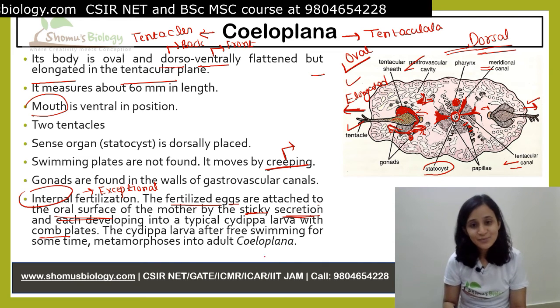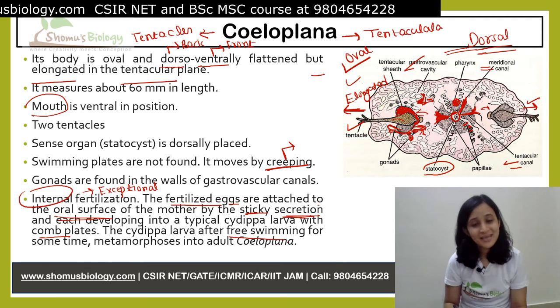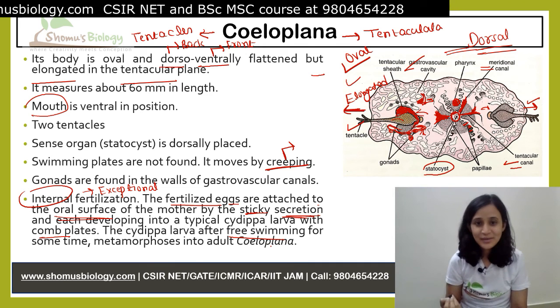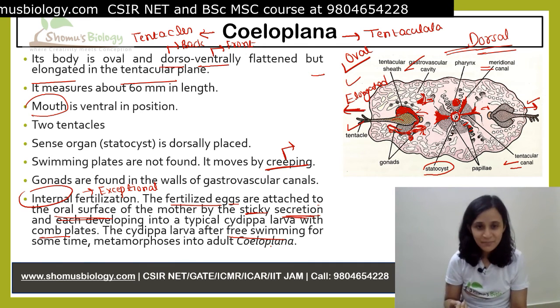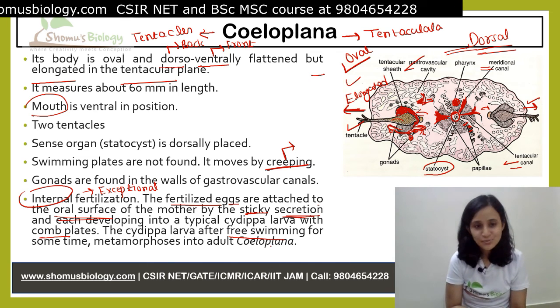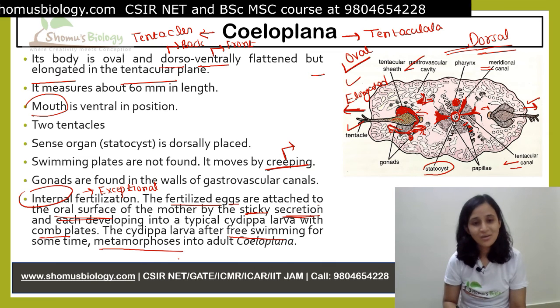and these Cydippid larvae can actually swim. So they have the free swimming capability, whereas the adults can't swim. They only can creep, but the larvae can swim, so they freely swim for some time, and then the metamorphosis occurs.